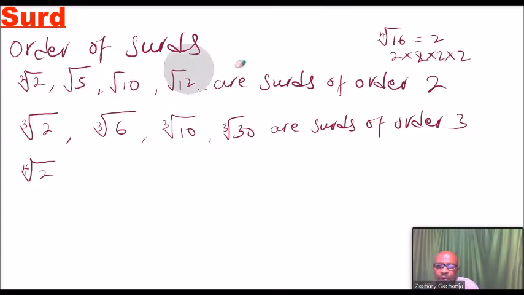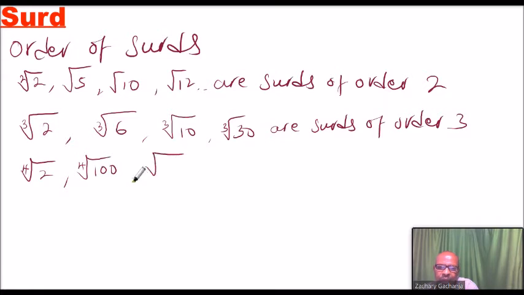So that is what fourth root means. We can also write the fourth root of 100, the fourth root of 150, the fourth root of 180, and we can go on.